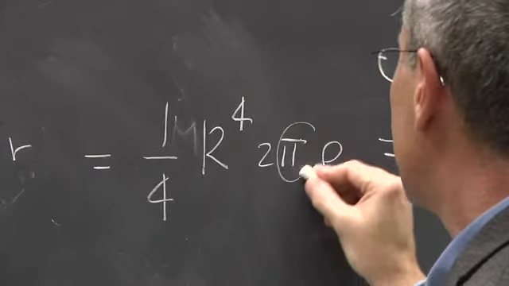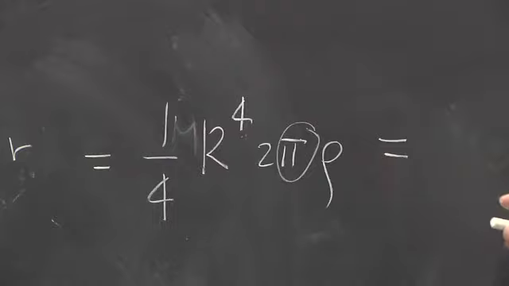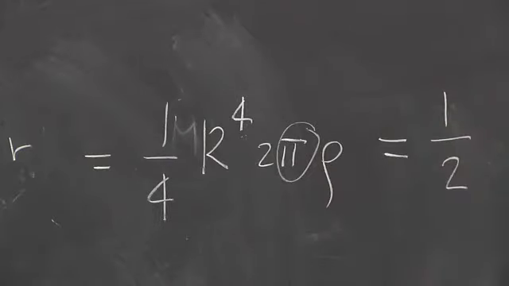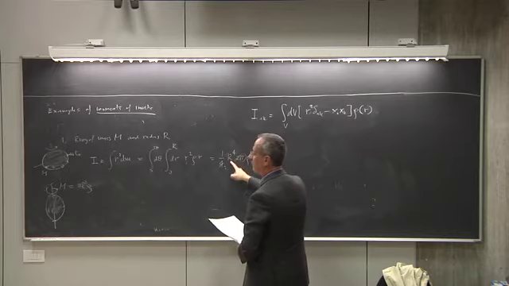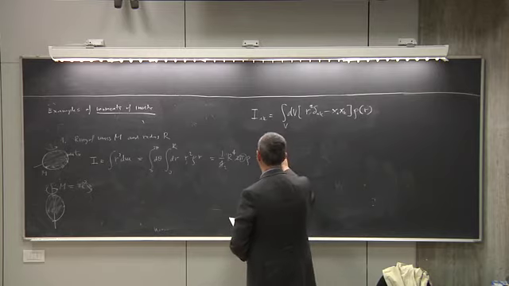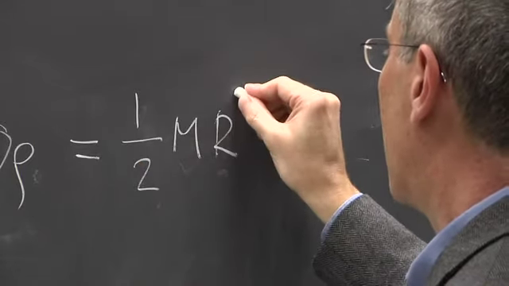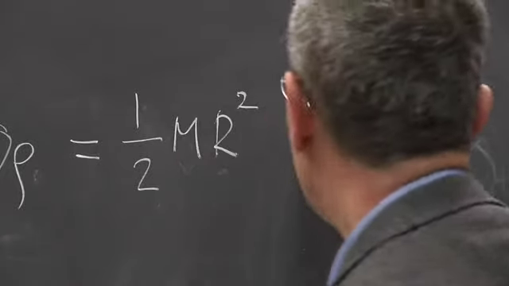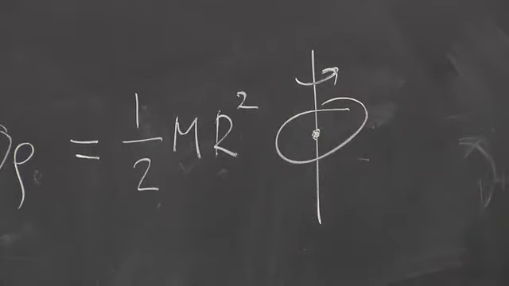So you see you have a 2 that simplifies, right? So 1/2, then 2 powers of big R go into the mass, the same with the density, and I have leftover R squared, if I did it right. So this is for the disk rotating about the central axis.